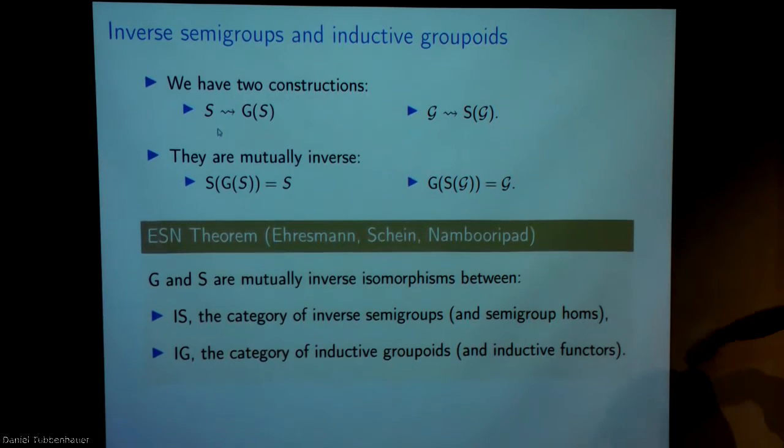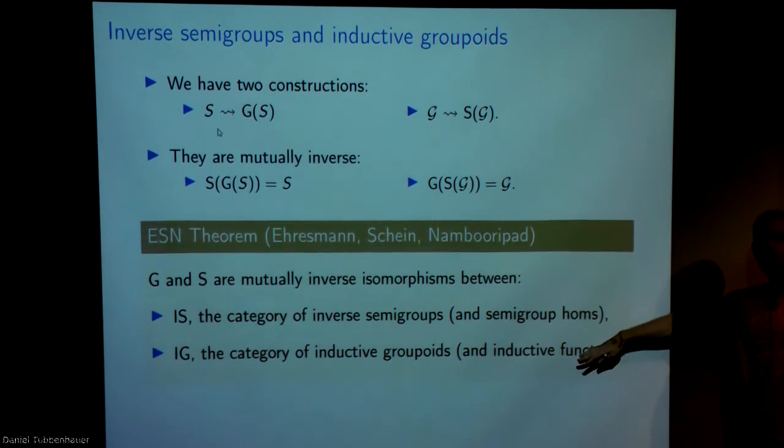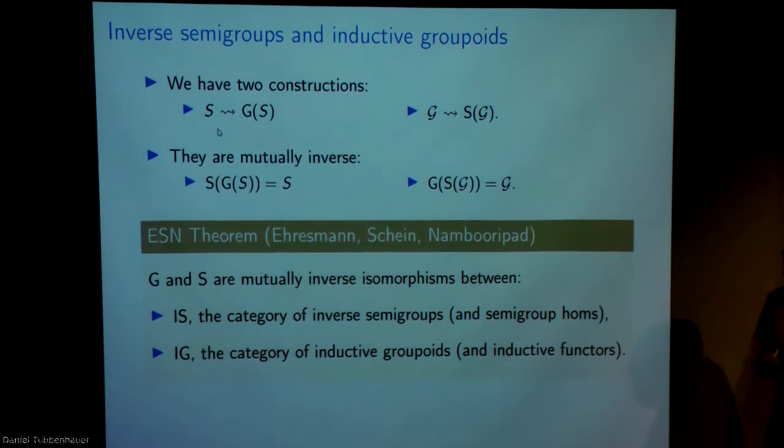But one answer to the semigroup theorist is that if you want to check that a map is a semigroup homomorphism, you've got to check that phi of AB equals phi of A, phi of B. If you want to check that something is a functor, you only have to check that in the easy cases where the domains are wrapped up. So that's one motivation for actually wanting a result like this.